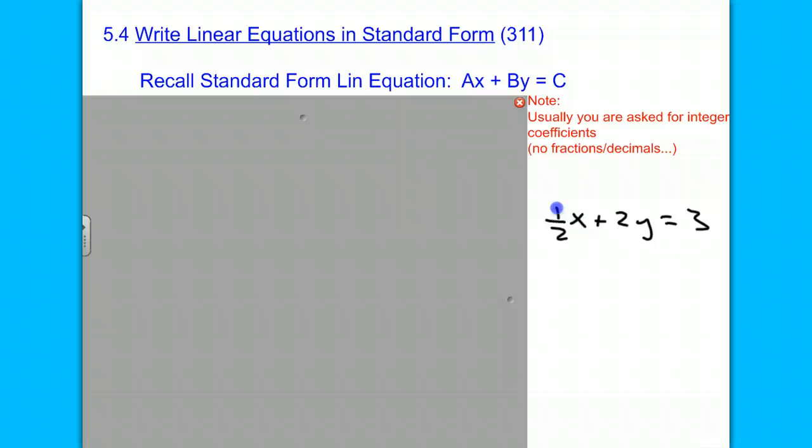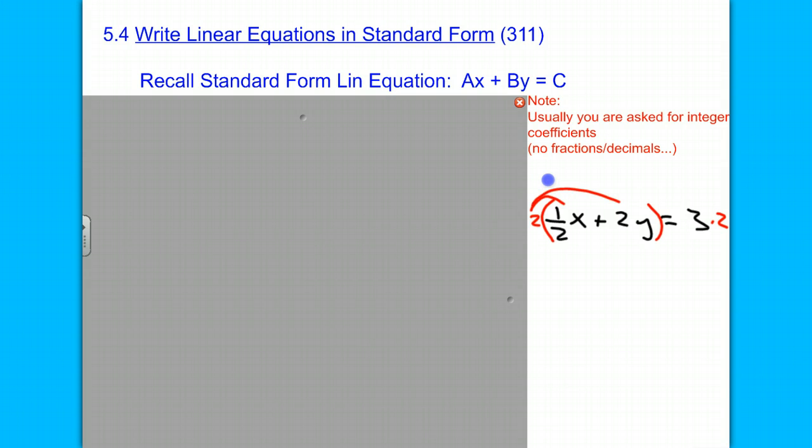They can be positive or negative whole numbers, basically. So what would you blow this fraction up by in order to get rid of that 1/2? We need an equivalent equation. So what are you going to multiply by? Lauren, what would you multiply by to get rid of 1/2? 2. So we can multiply both sides of the equation by 2. See that?